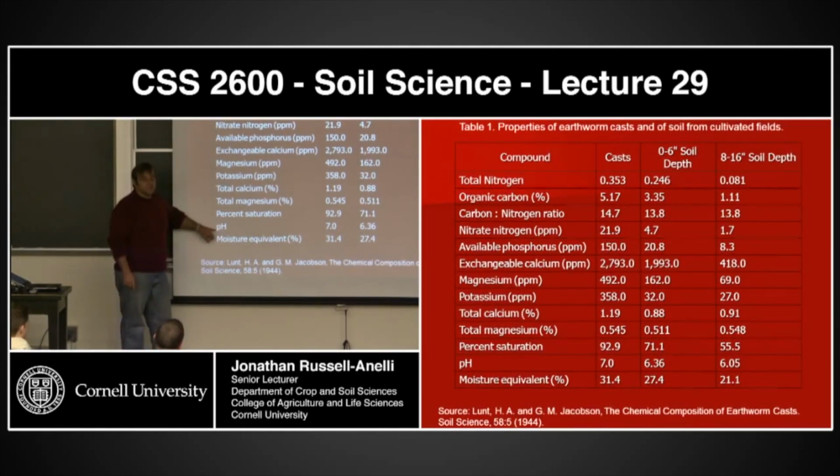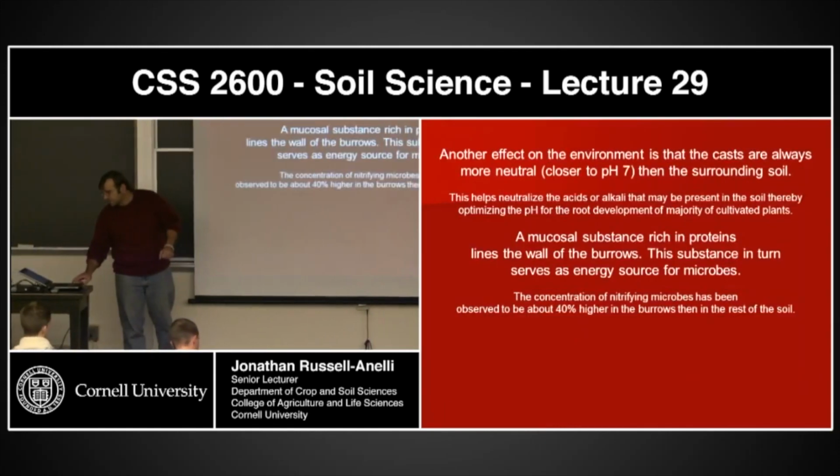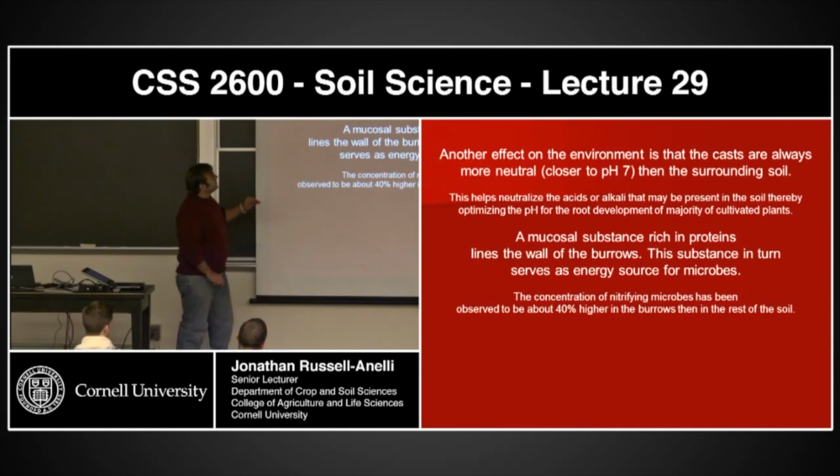This is really interesting, and it's indicative of something else. Let me go to this next slide. Beyond this effect of pH being around 7 and the nutrient availability, if you're thinking about these casts, it helps to neutralize the acids and alkalinity of the system that may be present in the soil, therefore making root development and nutrient availability a lot better.